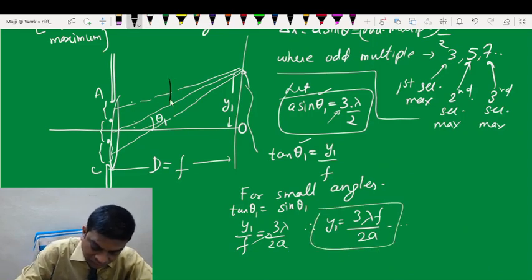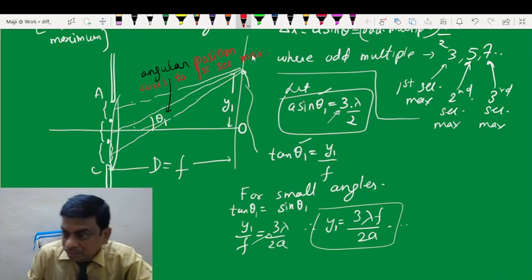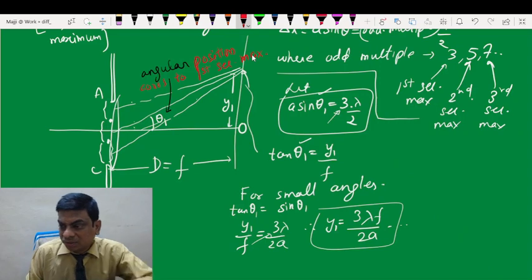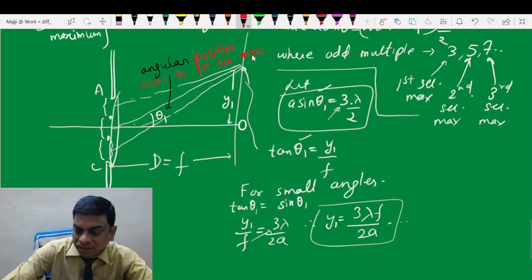Here theta 1 is known as the angular position corresponding to the first secondary maximum. I hope that is clear.